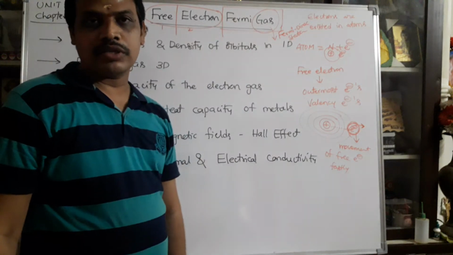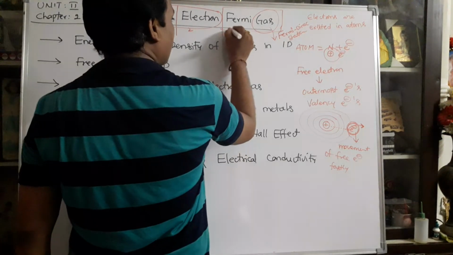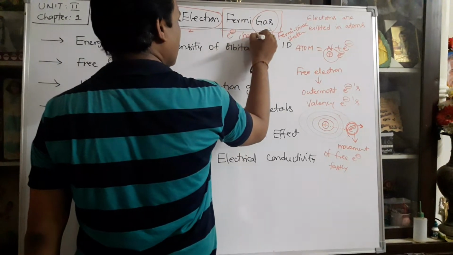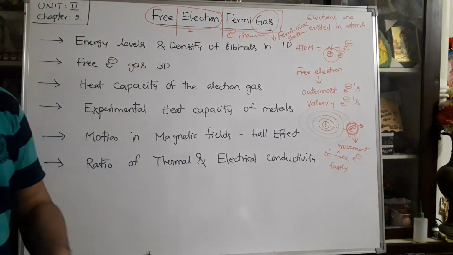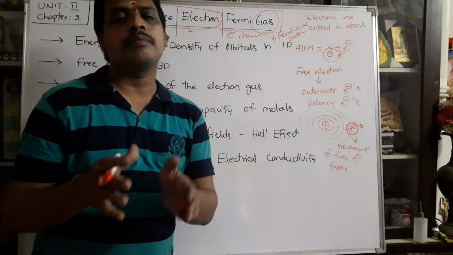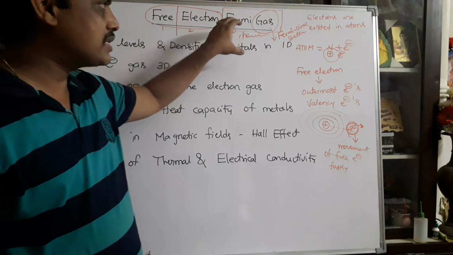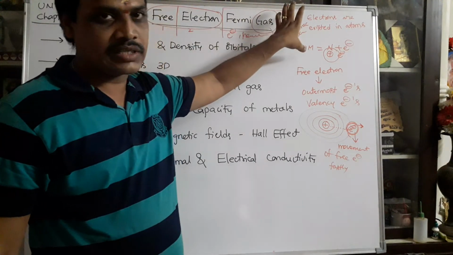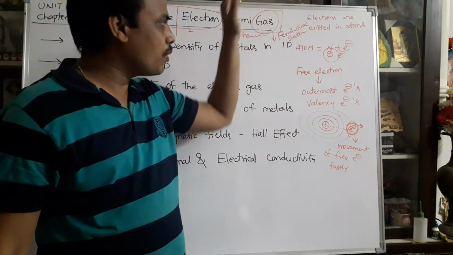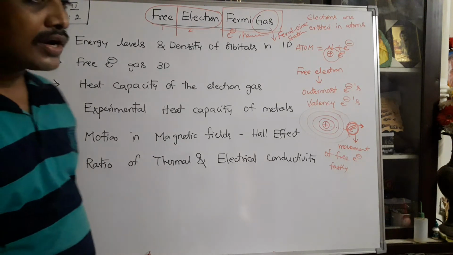The best examples of Fermi gas are electrons, neutrons, protons, and so on. A set of electrons that obeys Fermi Dirac statistics, that set of free electrons, is called a Fermi gas.